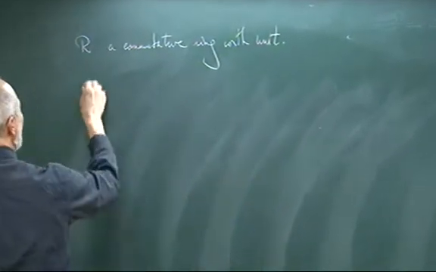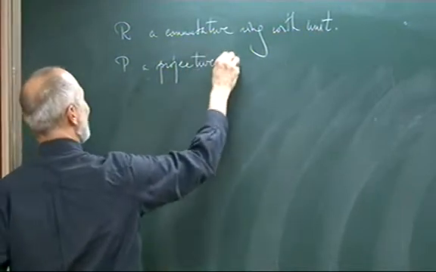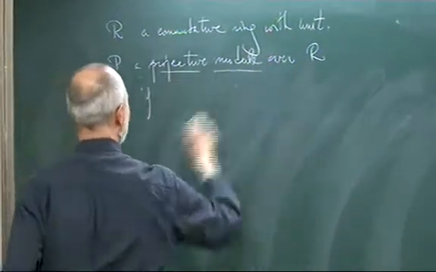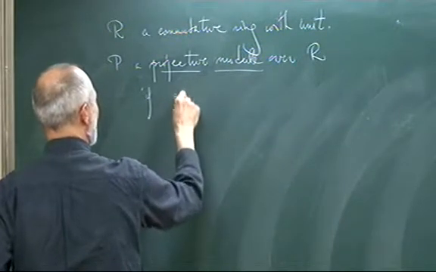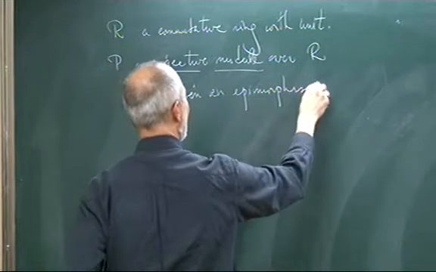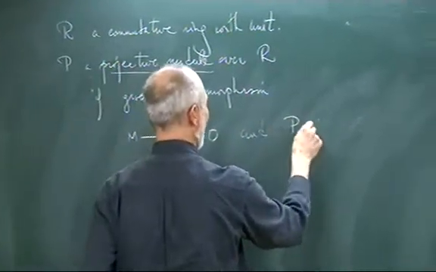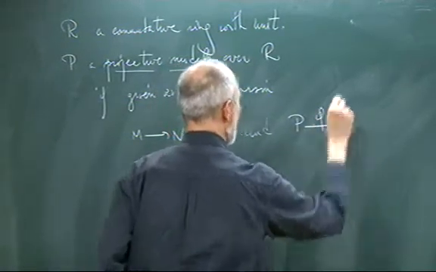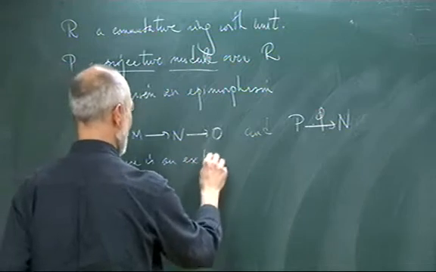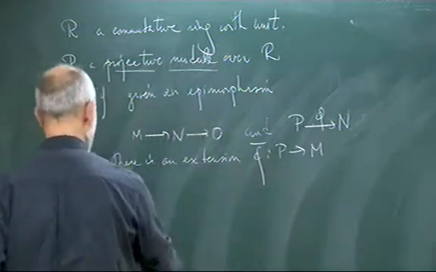And if P is a projective module over R, given an epimorphism M onto N and a homomorphism from P to N, then there is an extension V bar from P to M, making this diagram commute.